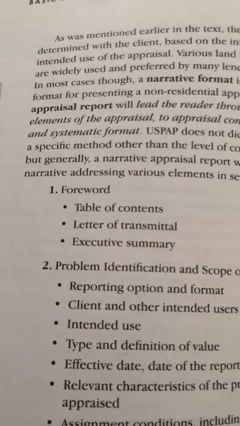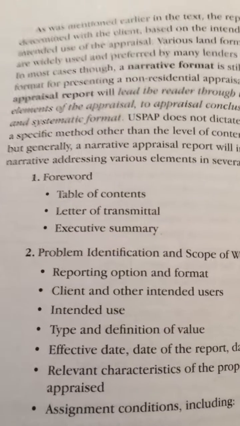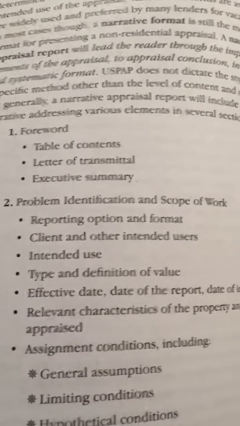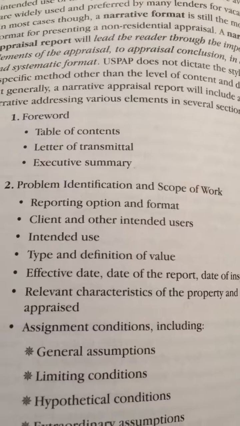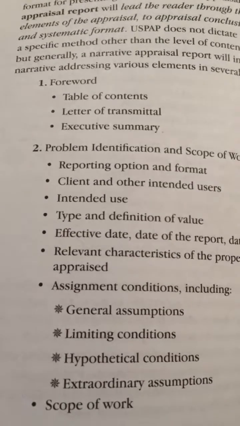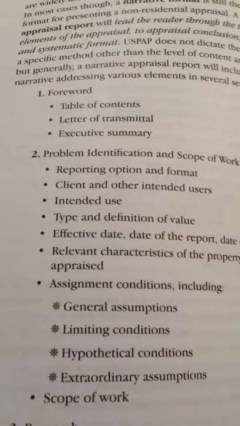1. Forward. Table of contents. Letter of transmittal. Executive summary. 2. Problem identification and scope of work. Reporting option and format. Client and other intended users. Intended use. Type and definition of value.